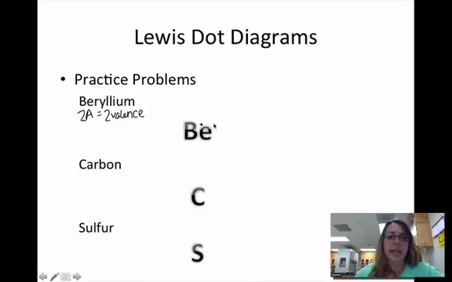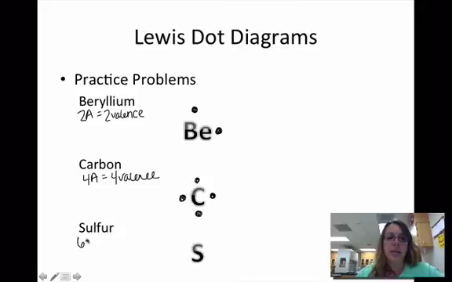And when I'm doing these, I like to think of them as having 4 different areas around because they don't want to pair up until there is more than 4. So beryllium's Lewis dot diagram would look like this. Carbon is in 4A, which means it has 4 valence electrons. So I would get a dot here, here, down below, and there.